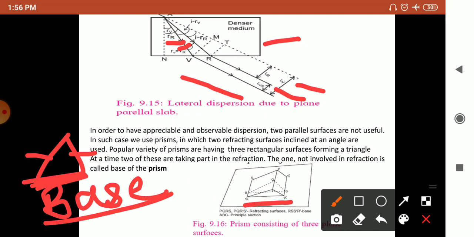Any section which is perpendicular to that base is called the principal section of that prism. Usually we consider all the rays to be in that plane.